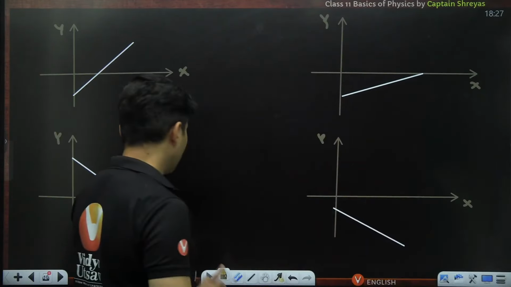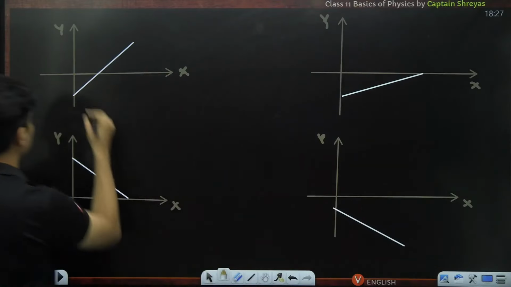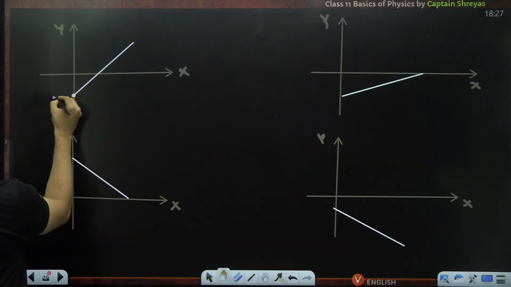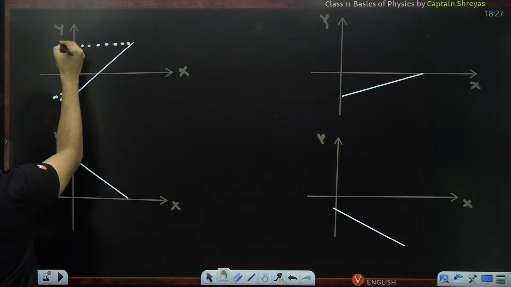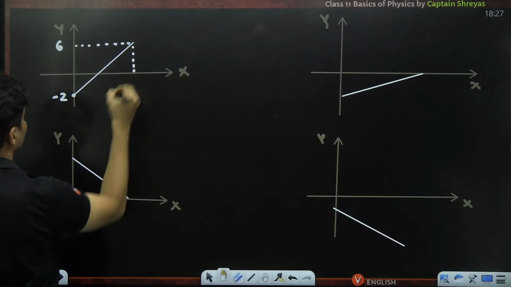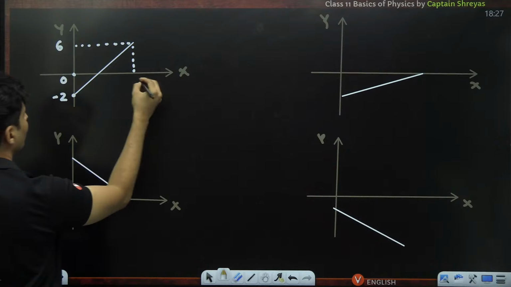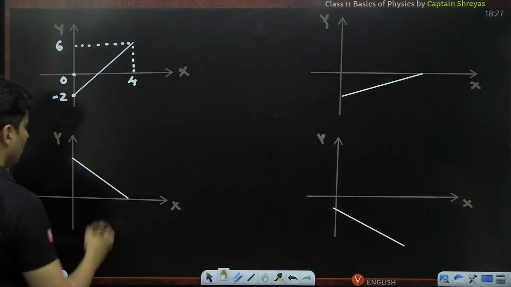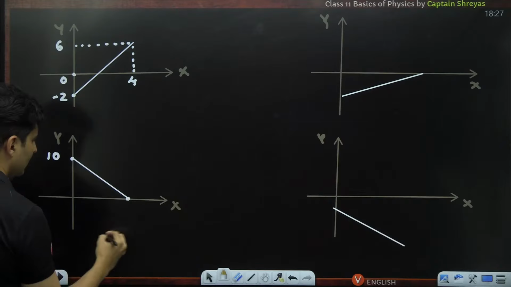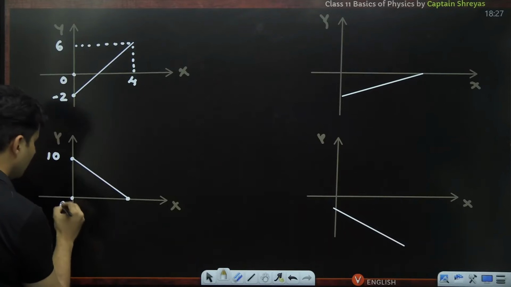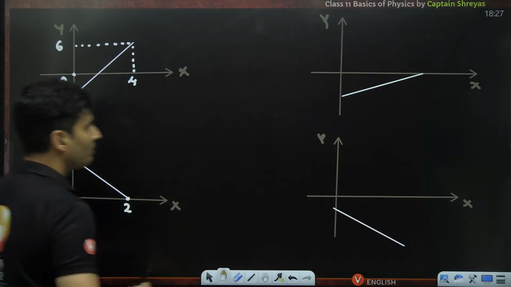Okay, I have taken some examples over here. Let us start marking the values. Let's say this is -2, and this is 6. This is obviously 0. Let's say this is 4, this is 10, this is 0, this is 2.